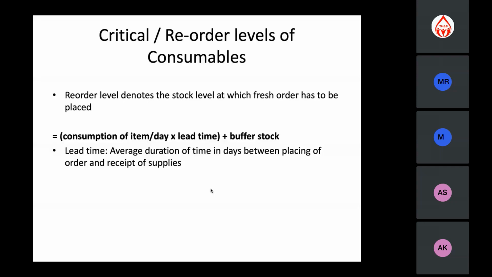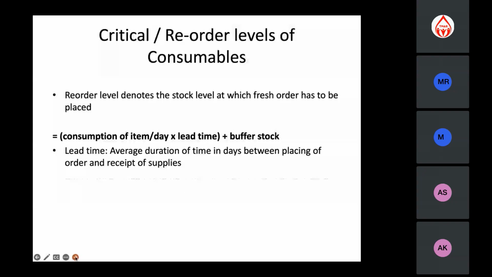Reorder level denotes the stock level at which a fresh order can be placed. The formula is consumption of items per day times lead time plus buffer stock. Lead time is the average duration in days between placing an order and receiving the supply.